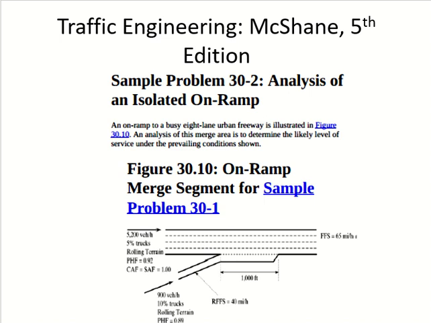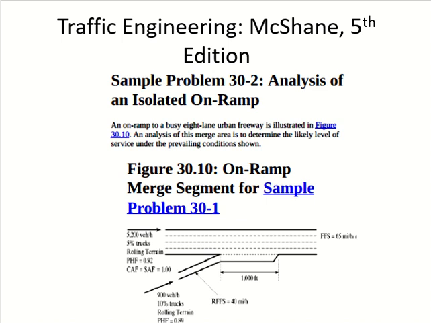We will not do the example, but just have a look. Which ramp do we have? On-ramp. Which type of segment? Merge. What do we call this? LA, acceleration. This is the free flow speed of the ramp.